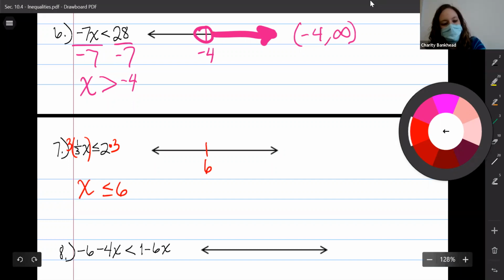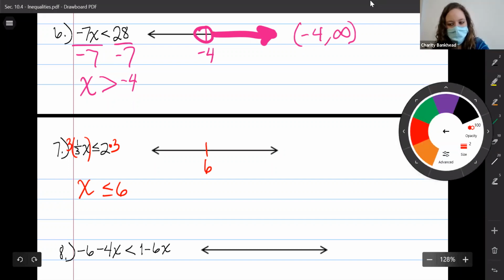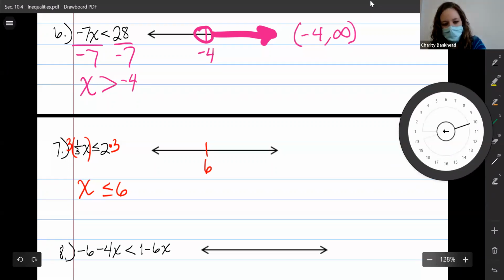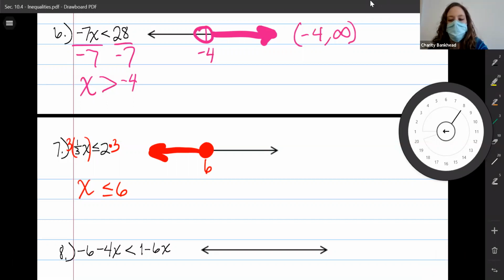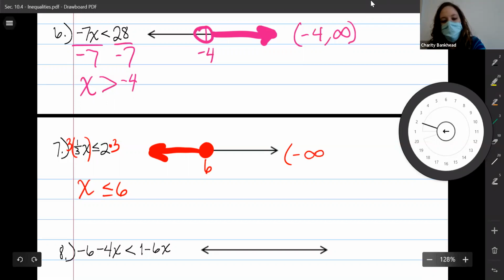Mark 6 on the number line. It's or equal to, so I'm going to use a solid circle there. And then for less than, I'm going to shade it to the left. And then it's going to be parentheses, negative infinity, comma, 6, with a bracket next to the 6.